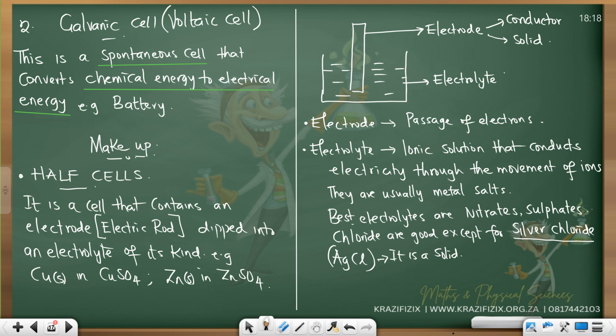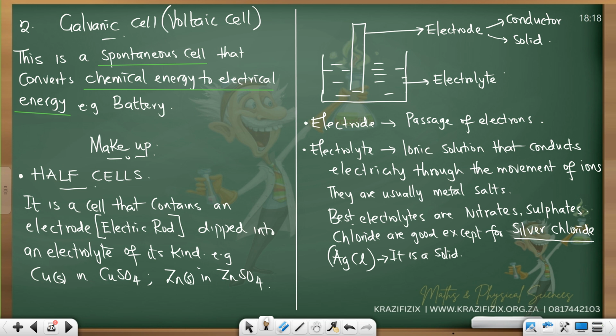All nitrates are soluble, if you remember solubility in grade 10. Chlorides are soluble, but there are 3 that are not. The main one we'll be using for complications will be silver, and I'll tell you where the complication is. So here is my half cell. What do I have in a half cell? An electrode and an electrolyte. The electrode is solid and a conductor.